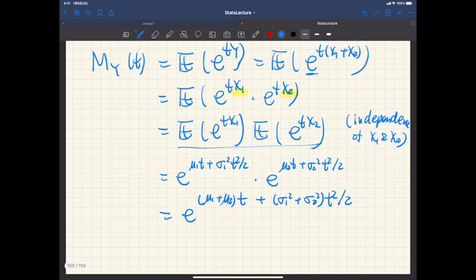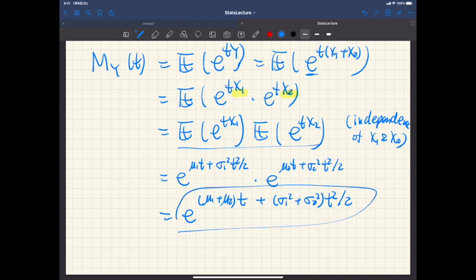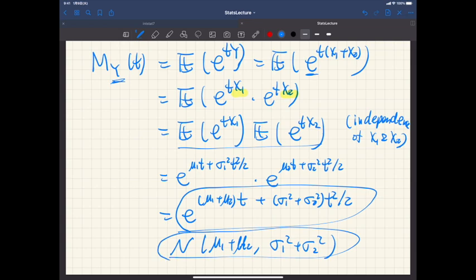But this function here is the moment generating function for the normal distribution with parameters mu1 plus mu2 and sigma 1 squared plus sigma 2 squared, right? So therefore, that means y's moment generating function has the same form as the moment generating function of a normal distribution with these parameters. So y follows the normal distribution with these parameters.